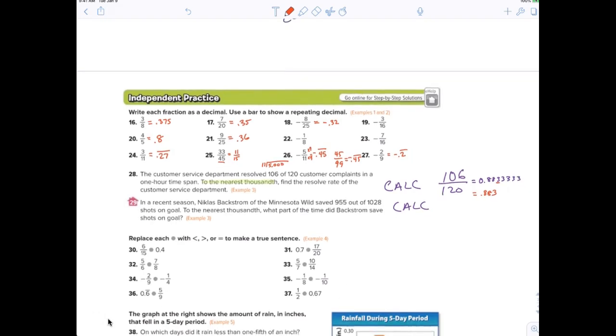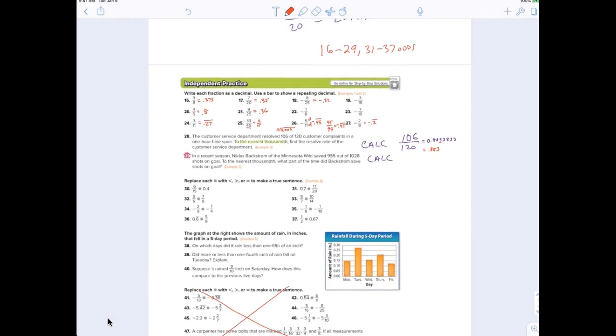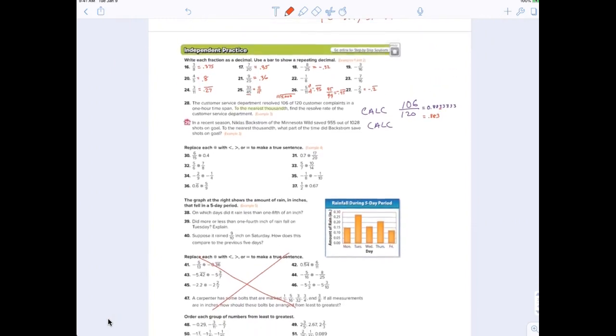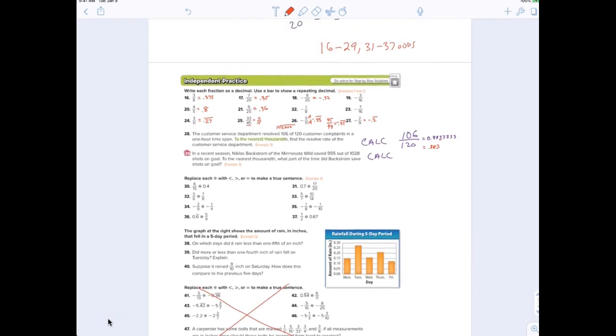So this all has to be worked out. 16 through 29, comma, and then I want, you can put on the top 31 through 37 odds. And then 38 through 40. That gives you a little break. Okay? But make sure you get it done.